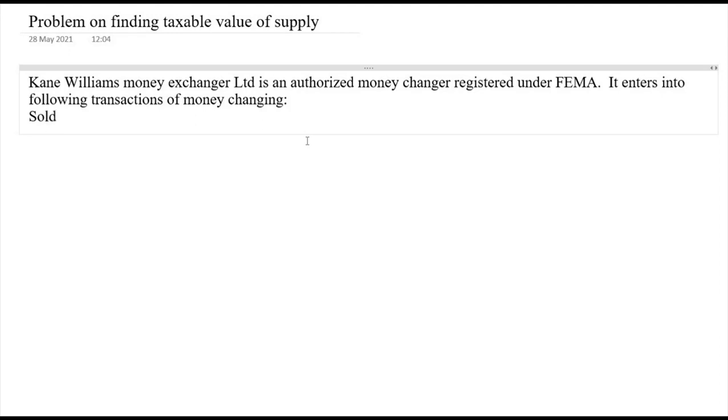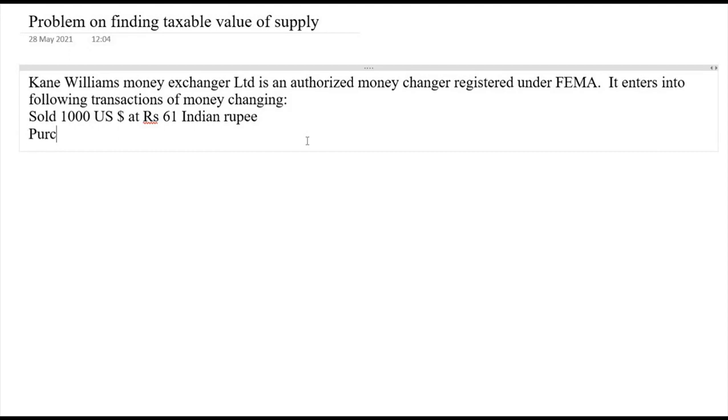Sold 10,000 US dollars at rupees 61 Indian rupee.